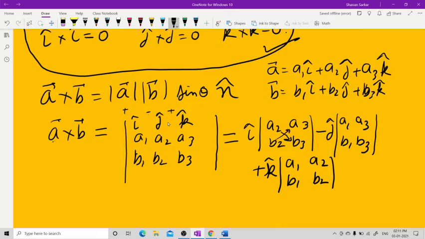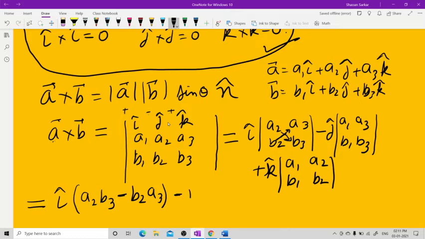When I multiply in this manner, you will see immediately how this is multiplied. This is equal to I cap A2B3, and when you multiply in this direction, it is minus B2A3.